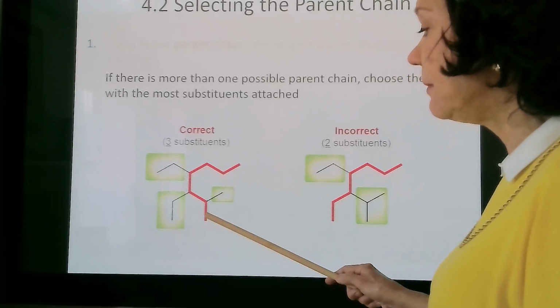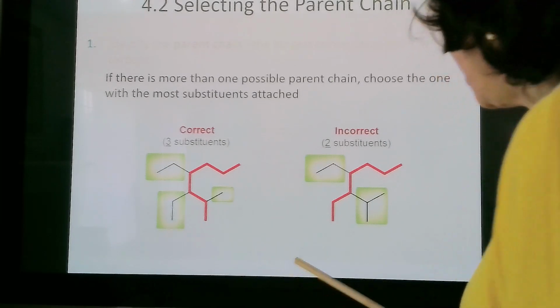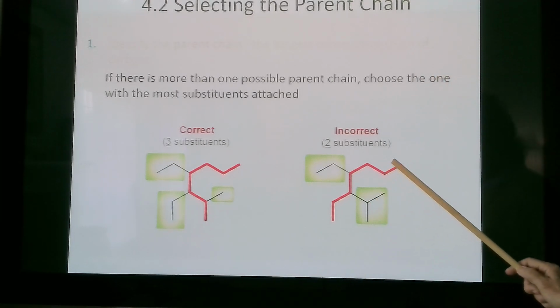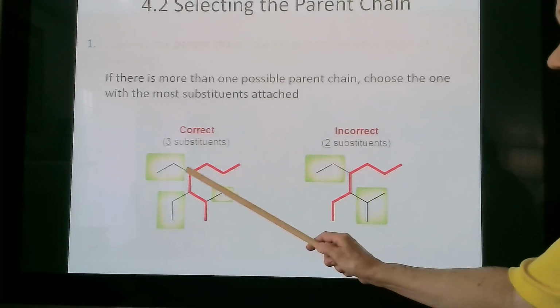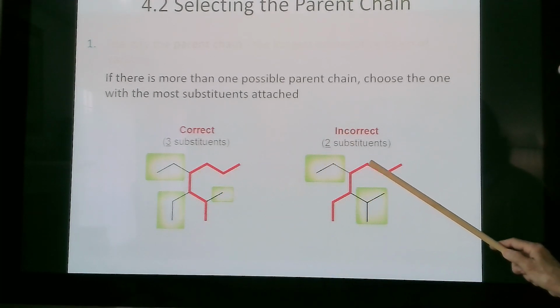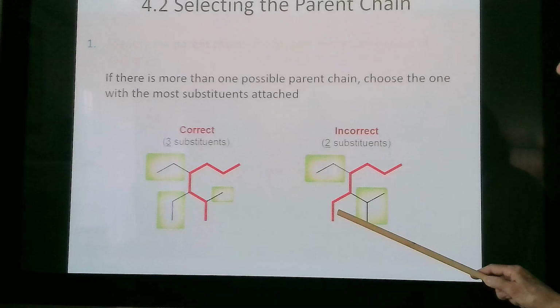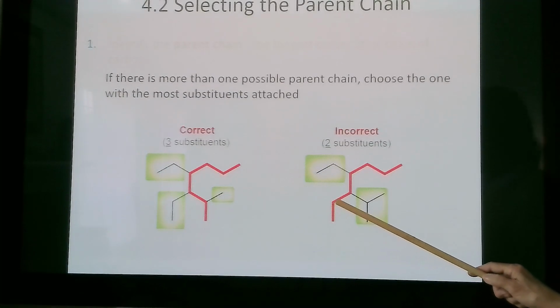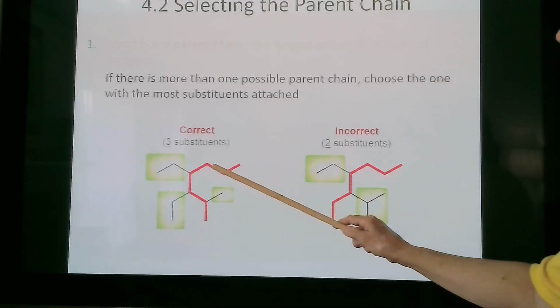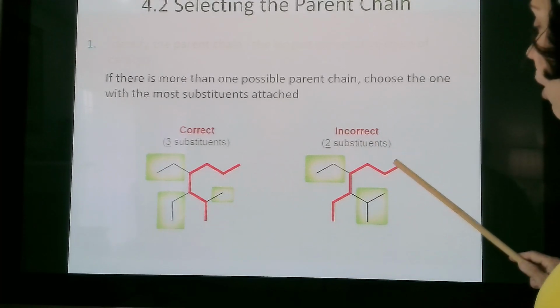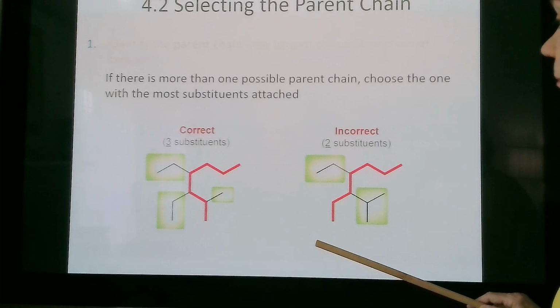This methyl is the same as that methyl. Over here, this one you see is the exact same structure as that, but here this one is outlined in red, and this one is wrong, even though they both have the same number of carbons in the longest carbon chain.